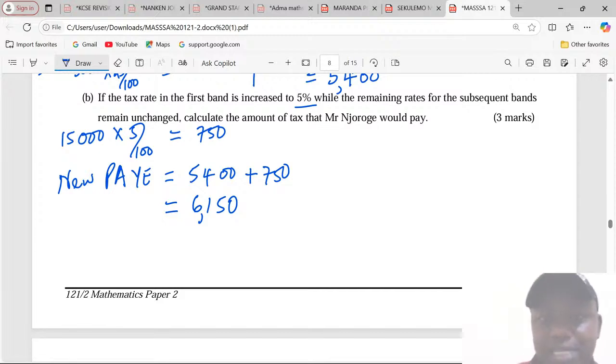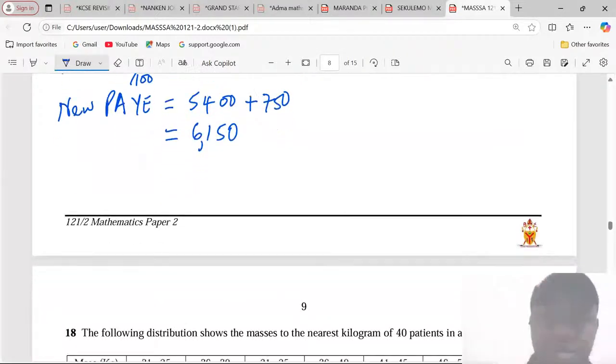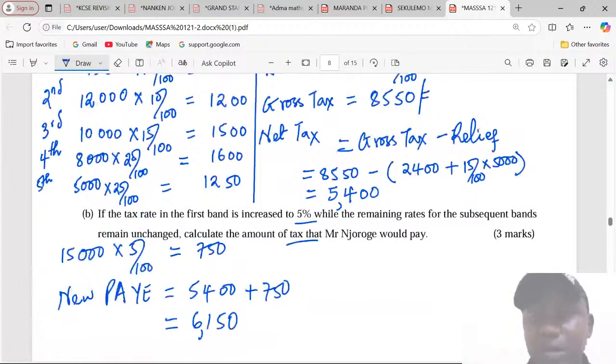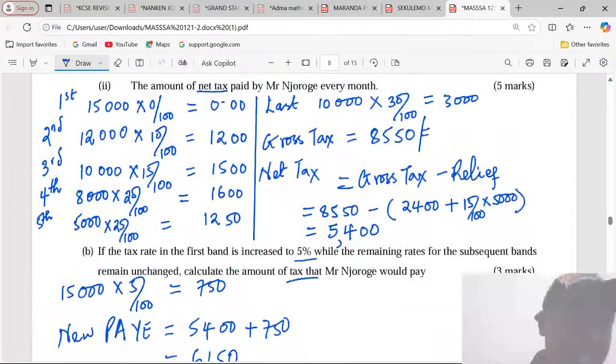Calculate the amount of tax that Mr. Joroge would pay. So that is the new amount of tax.